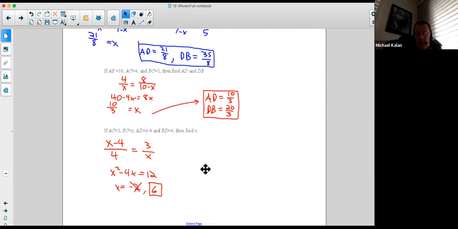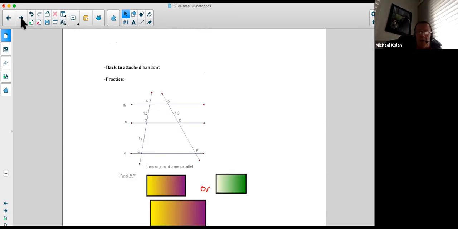It factors to X plus 2, X minus 6. And then you end up getting X equals negative 2 and 6, but X equals negative 2 does not work here because it would get us some side lengths that are negative. Okay. All right. Awesome. Onward.